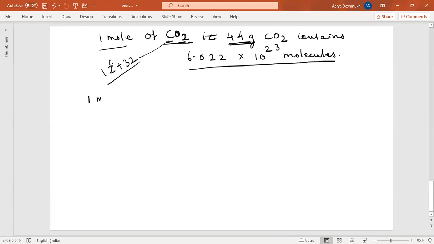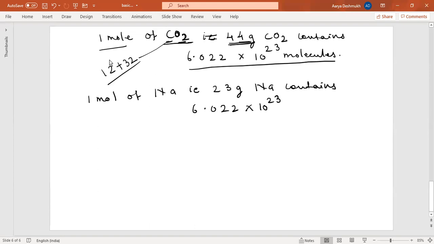Another example: 1 mole of sodium, that is 23 grams of sodium, again contains Avogadro's number, 6.022 into 10 raised to 23 atoms.